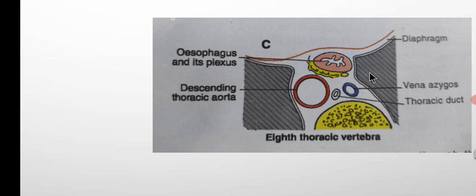So on the right side there is the right lung and the pleura, while on the left side there is the thoracic duct and the descending aorta. Okay, so this is the relation of the azygous vein at the level of the 8th thoracic vertebra. Anteriorly the esophagus and the diaphragm; on the right side, the right lung and the pleura; posteriorly the 8th thoracic vertebra; on the left side, the thoracic duct and the descending thoracic aorta.